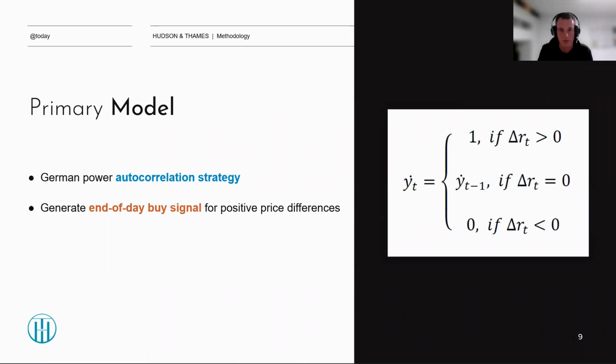If the price difference between yesterday's close and today's close is positive, we go long at today's close, otherwise we exit the position. In the formula, delta R_t is the difference in returns between R_t and R_t-1, and epsilon_t is the side of the position, a buy or a sell.